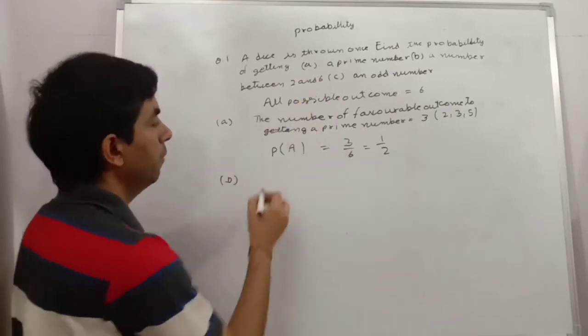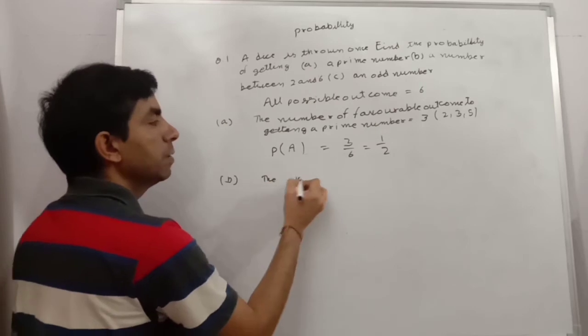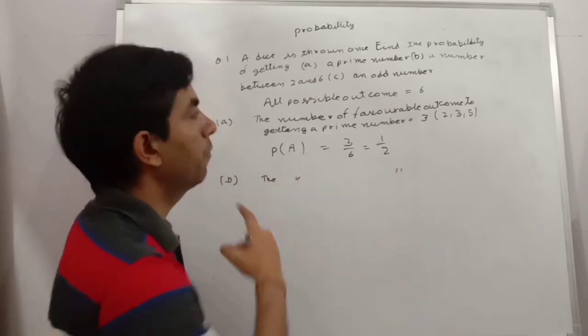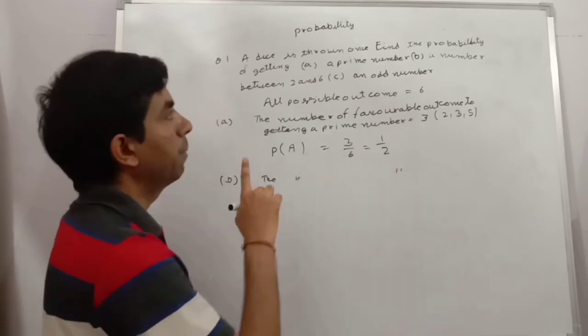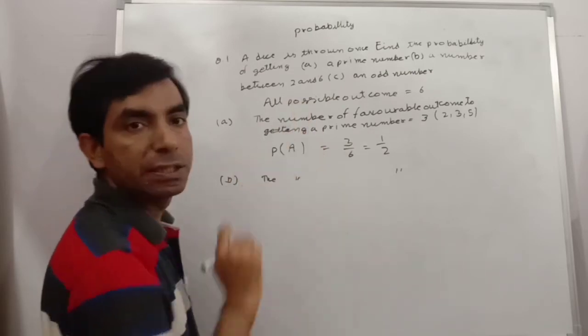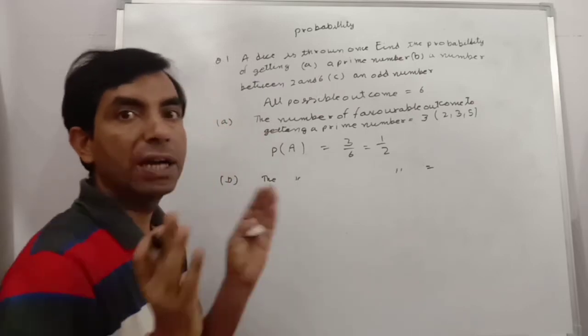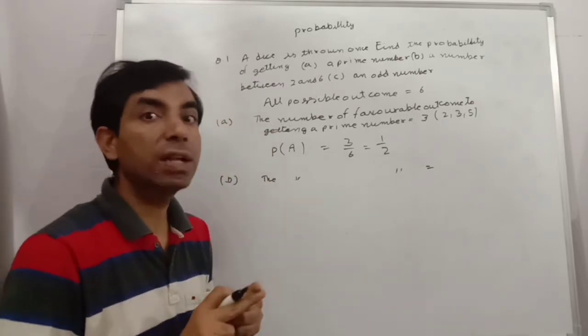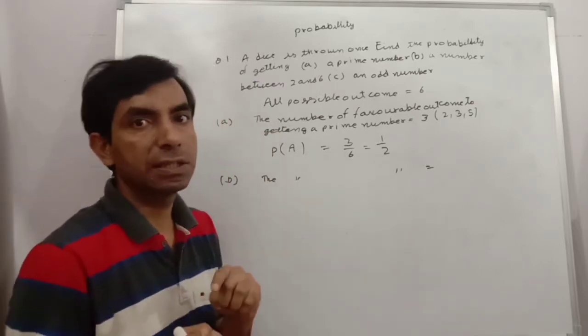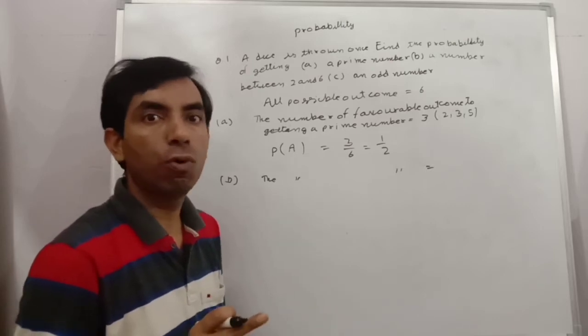Here, similarly to before, the number of favorable outcomes for getting a number between 2 and 6. Then we have 2 and 6, and between numbers. So we cannot include 2 and 6. Then the middle numbers are 3, 4 and 5.